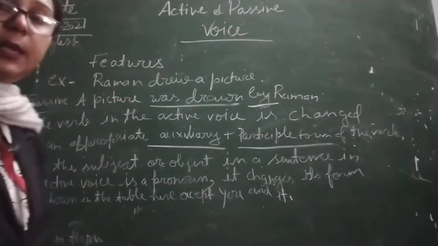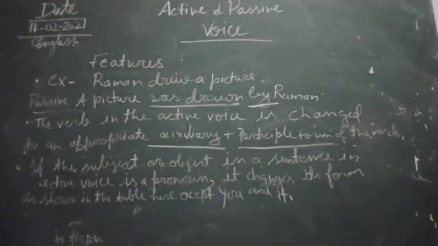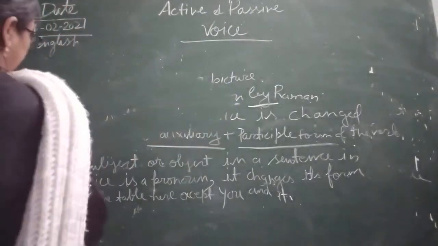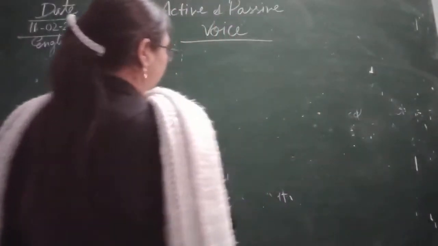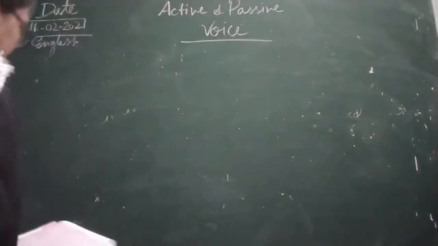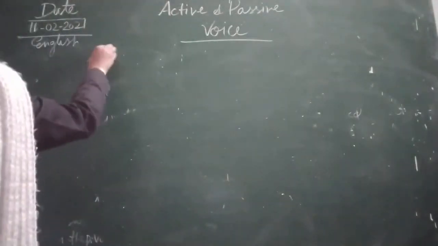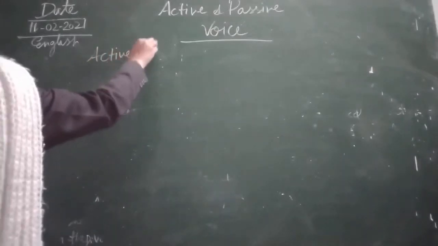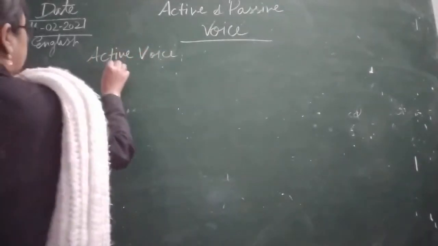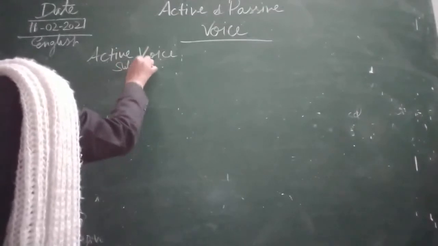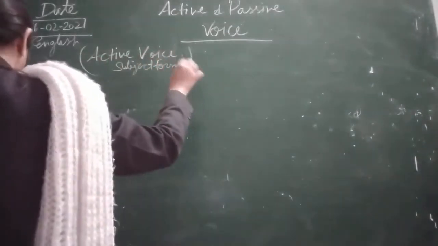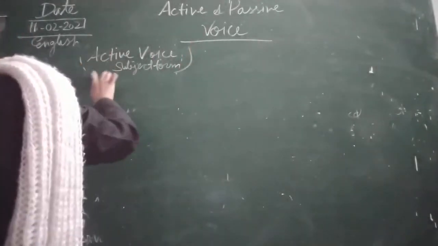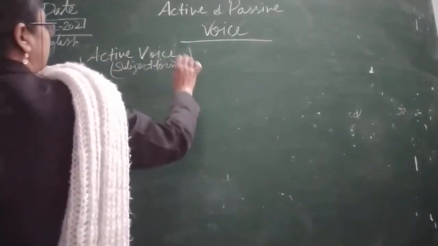I'm going to draw a table over here. So we will learn how to change from active to passive voice, children. First of all, I am going to draw the table. Active voice, subject form.